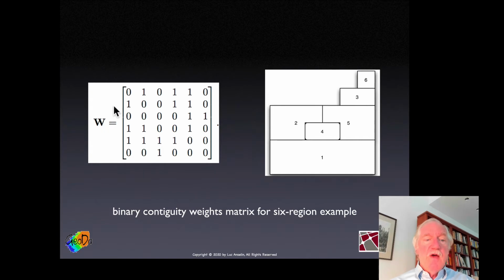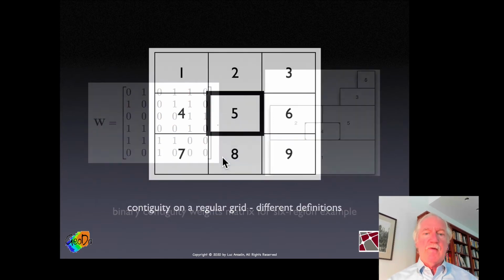Same thing here. Now we look at observation 2, here in the corner. 2 has a connection to 1. Diagonal, none to 2. 3, no connection. 4, yes. 5, yes. 6, no. So this is how we construct our simple binary 0, 1 spatial weights matrix for our little layout of 6 observations.